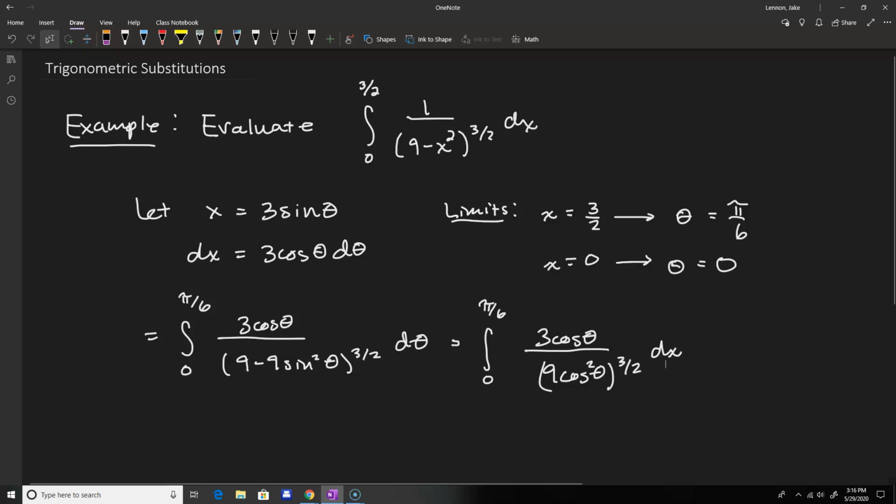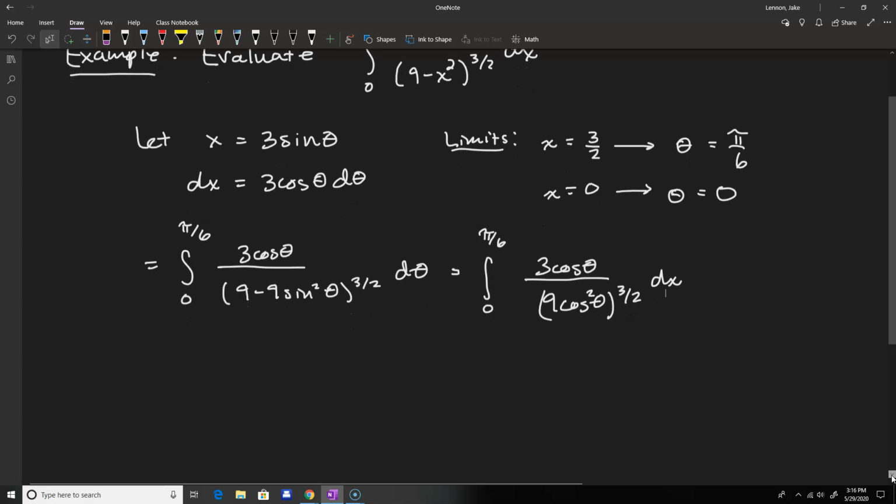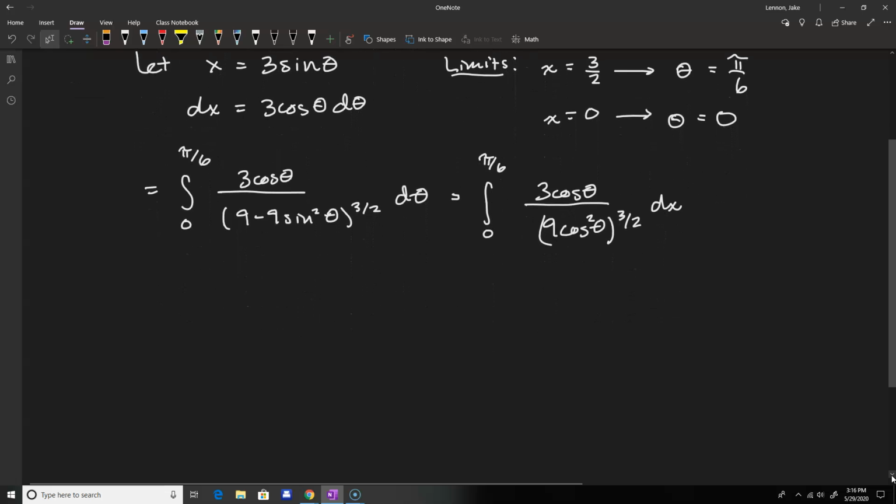And from there, if you take 9 and raise it to the 3/2, you get 27, and cosine squared to the 3/2 is going to be cosine cubed. So our integral just becomes the integral from 0 to pi over 6 of 3 cosine theta over 27 cosine cubed theta d theta. Oh, I wrote a dx in the above line. That should have been a d theta as well.